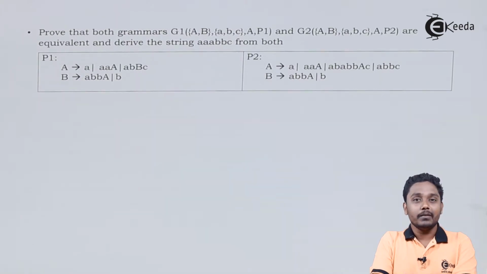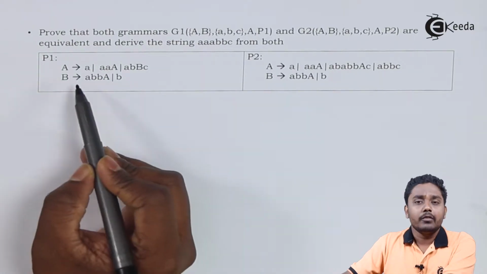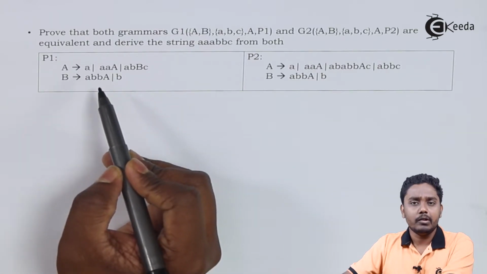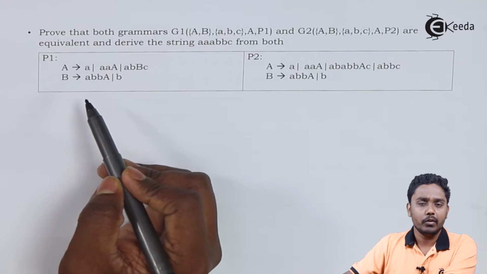We will start with P1, and by eliminating the variable B, we will prove that P1 is equivalent to P2. When we are eliminating B, any production which is not using B has to be written as it is. So let us do that first.